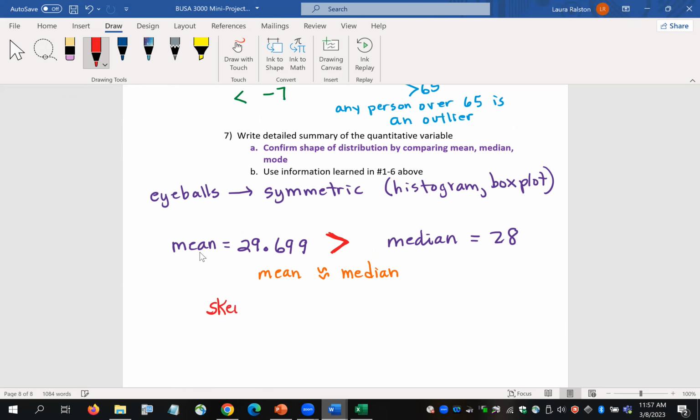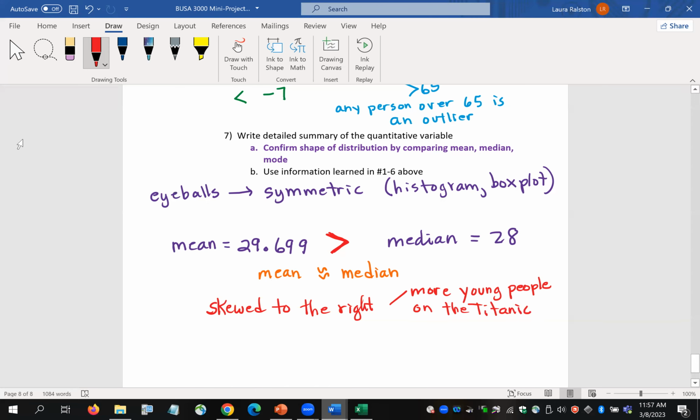The distribution is really skewed to the right, which implies you had more young people on the Titanic than older people.